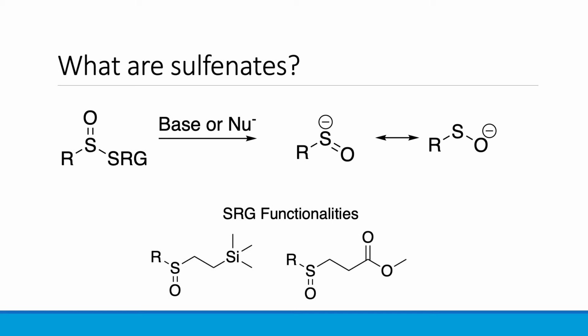An ambident nucleophile is a nucleophile which has two centers of nucleophilicity, in this case being the sulfur atom and the oxygen atom. The mechanism for generating sulfenates depends on the sulfenate releasing group found on the sulfoxide. On the bottom of the screen, you can see two common sulfenate releasing groups, one being the trimethylsilyl group and the other being the methyl ester group.